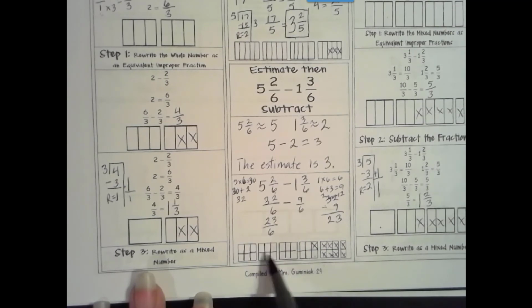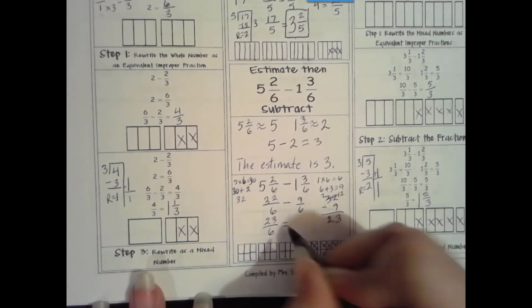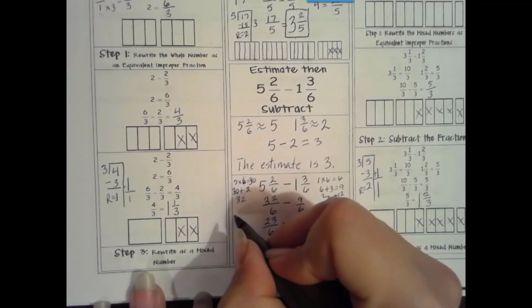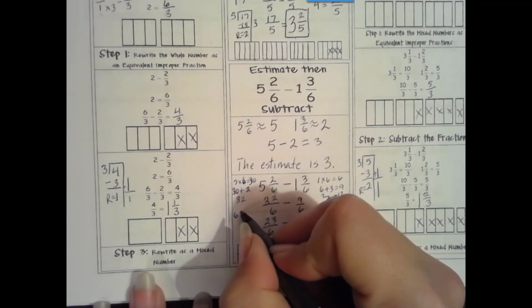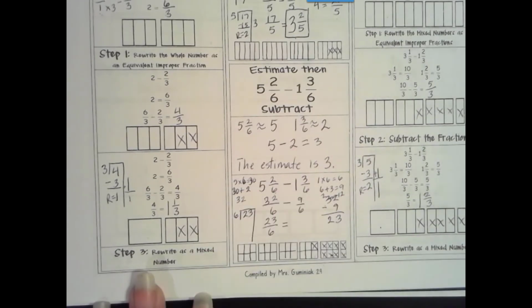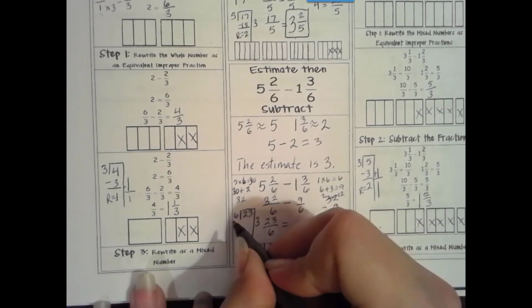So that is my answer as an improper fraction. That is correct. I can leave it that way. But I should be able to put it into mixed numbers because that could be more useful. So we got to be able to do both. So let's see, 3 times 6 is 18.